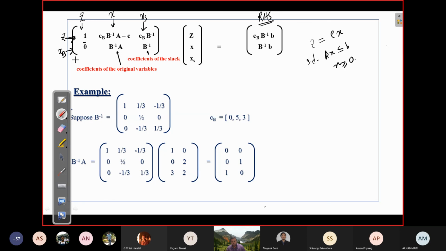Say we have 3 basic variables, so there will be 3 rows, given by the 0 vector, then B inverse A and then B inverse. Now you can visualize the simplex table in this form: which columns correspond to which variables, which rows correspond to which variables, and what the right hand side is. This is obtained for a particular basis B, so if you change B, all the values will change.